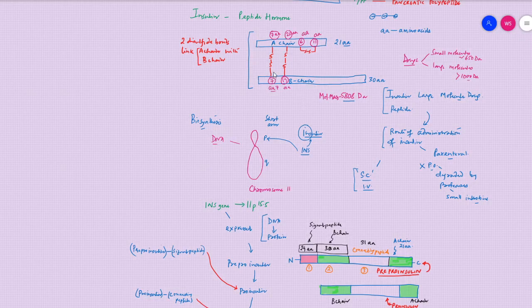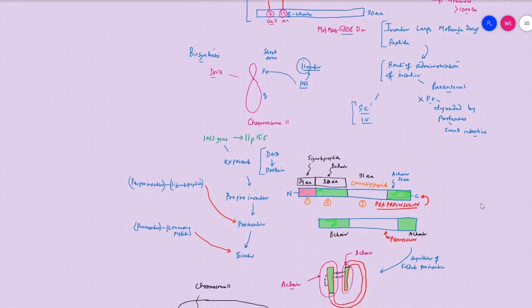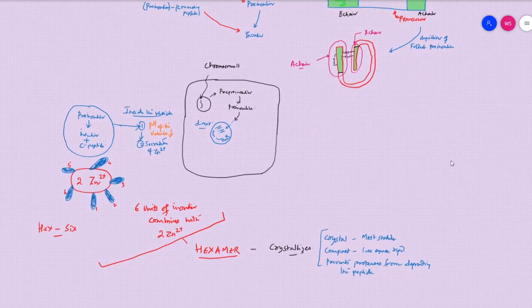If a protease comes and degrades it to amino acids, the action of insulin won't be seen. So it's very important that the newly synthesized insulin be protected from proteases within the cell. That is why within the pancreatic cell, insulin is present as crystals along with zinc.